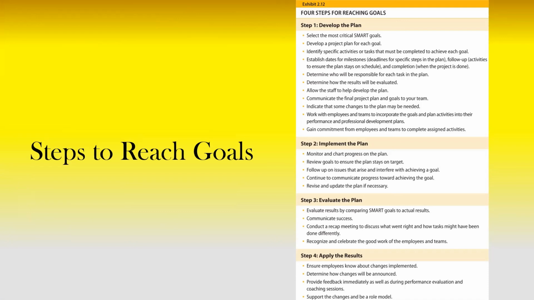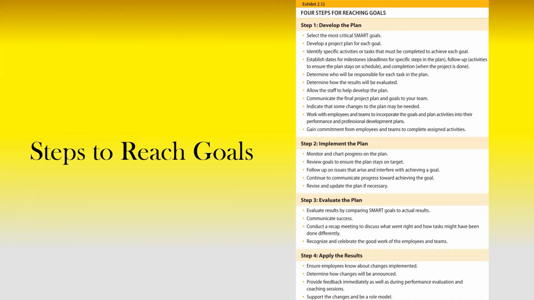It gets implemented. We document the process of it and the progress of it to make sure that things are going where we want it to go, and also to look at if things are not going as we originally had done in the development phase. We evaluate it based upon the SMART goals that we created.